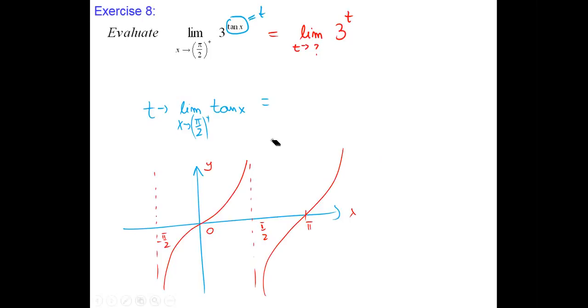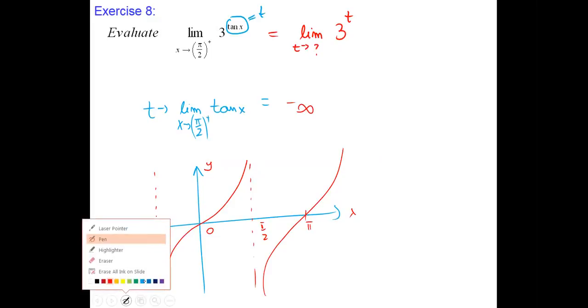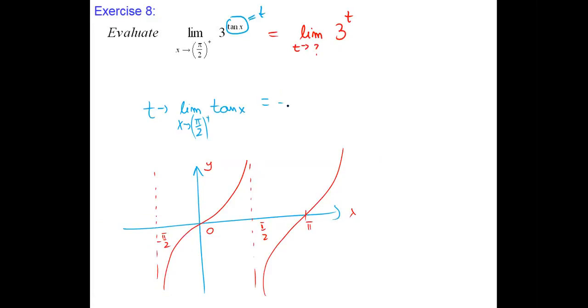We can see from the right hand side, function tangent is going down, down, down, which means negative infinity. I can use maybe blue color. And this is negative infinity. And now the final step: exponential function with the base greater than 1 at negative infinity is 0.